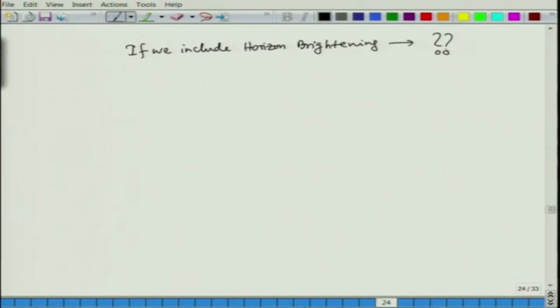The model will do. Okay. So, what do we do? We include it in the form of a correction factor.